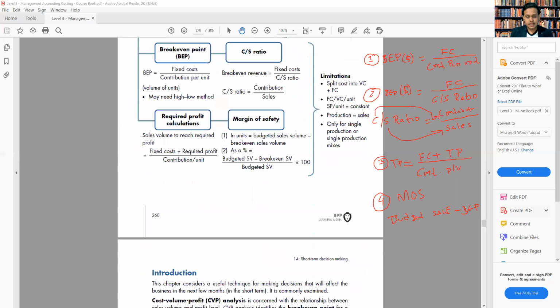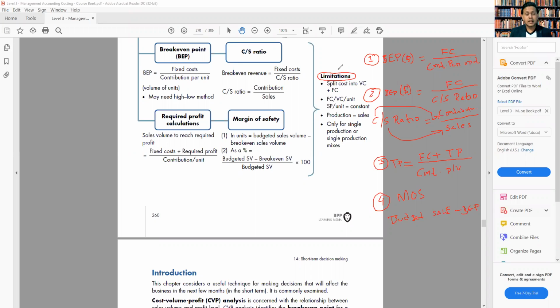It is basically when we have a limited amount of resources. When I say resources, I mean either labor hours, machine hours, or materials. Something we have a shortage of, something we don't have enough of.